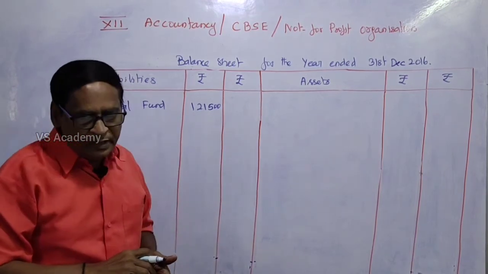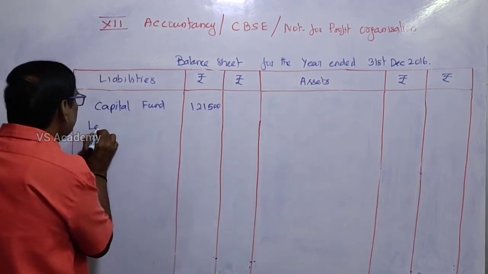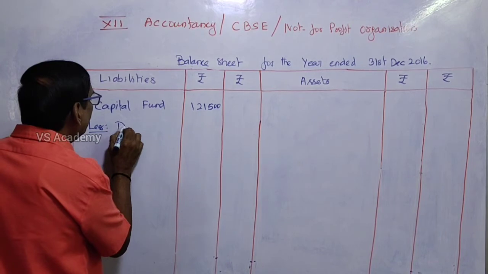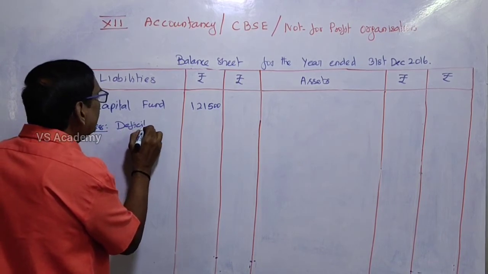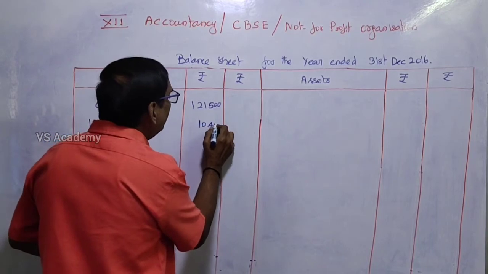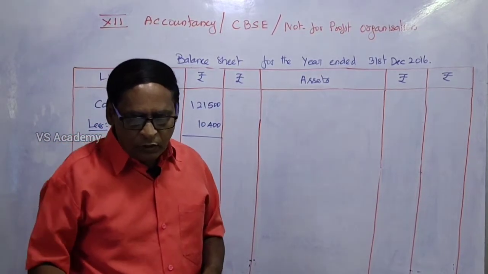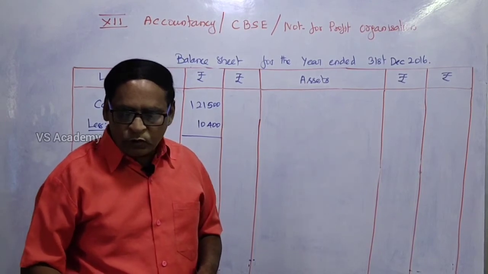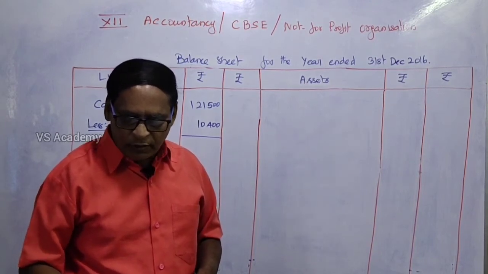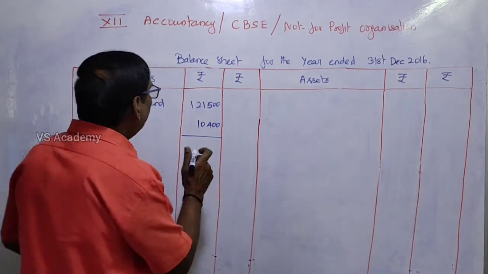How much deficit? That is 10,400 rupees. So less deficit 10,400. So if we deduct 10,400 rupees, 1,21,500 minus 10,400, so 1,11,100.